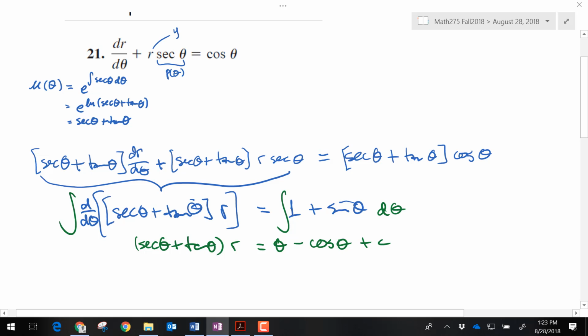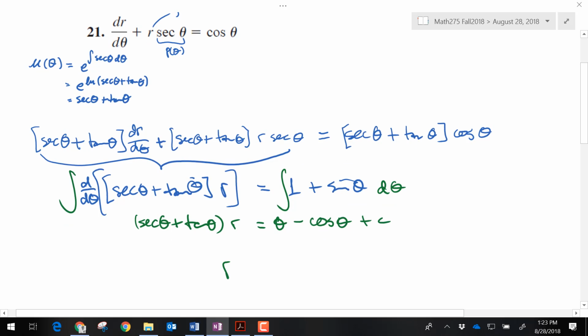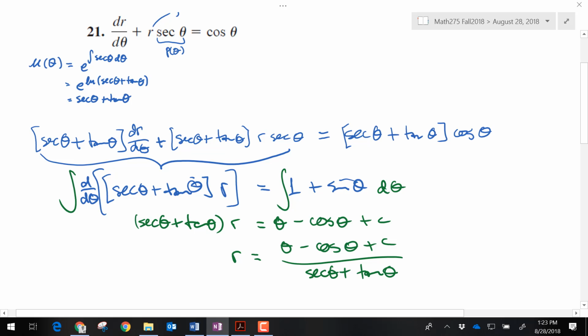Then we throw the plus c in there. At this point, I don't know if there's much simplification happening. So that's all we got.